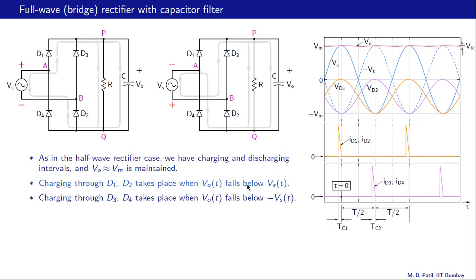So those points are listed here. The discharging interval is typically much longer than the charging intervals, TC1 and TC2. This is TC1 here, and in the TC1 interval, D1 and D2 conduct, and D3 and D4 are not conducting at that time. In the TC2 interval, D3 and D4 conduct, and D1 and D2 remain off.